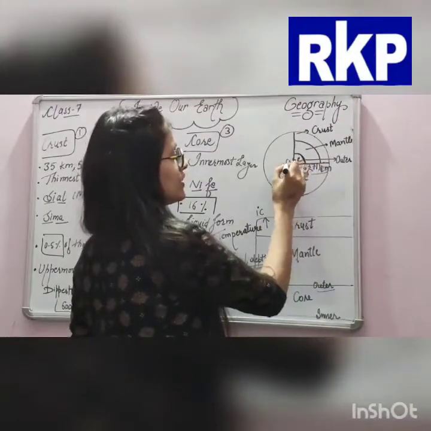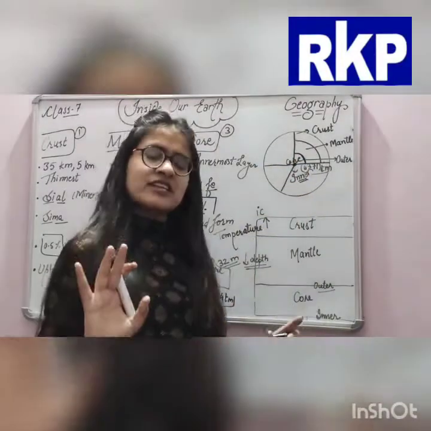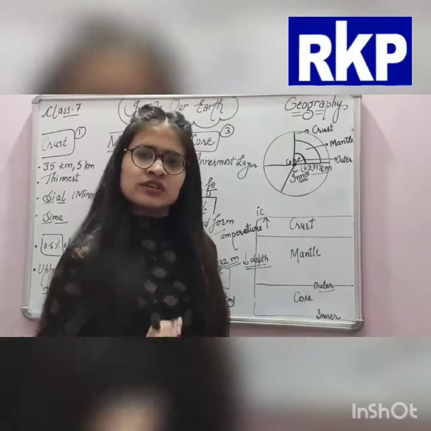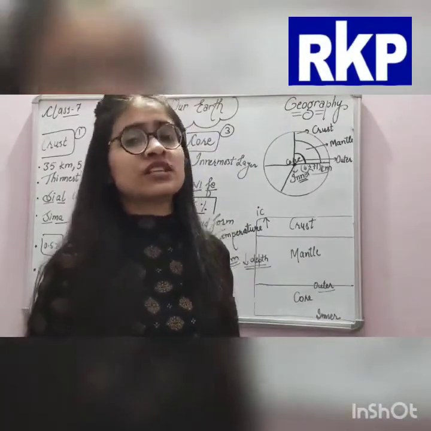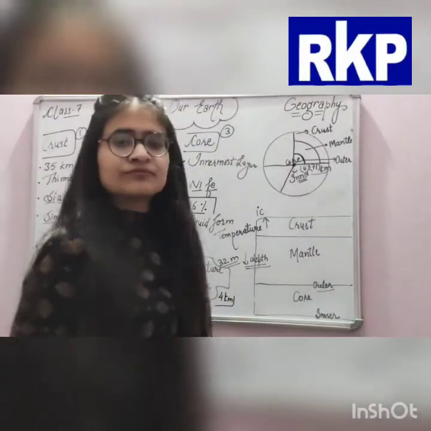If you draw a line here, that also will be the radius, and the radius is of the same length in a circle. So what is the radius of the Earth? That is 6,371 kilometers. Clear?